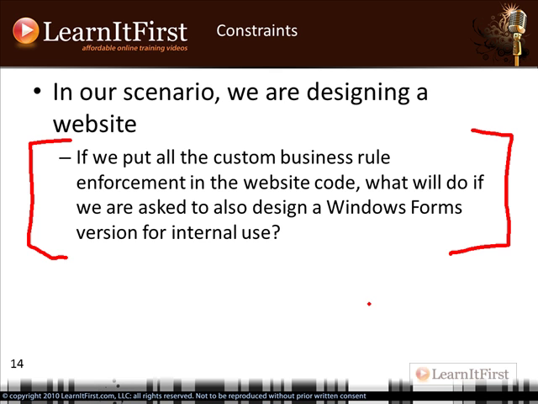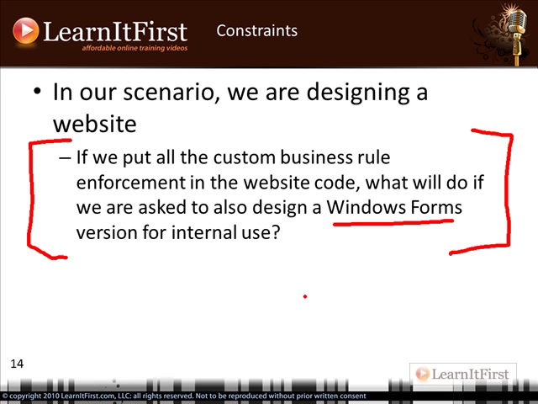They make that argument. Why would I want to write this twice? Why would I want to put these same business rules in the front end that I then put in the back end? Well, here's your logic. If you put all of the custom business rule enforcement in the website code, what happens later on when that same person has to design a Windows Forms version?